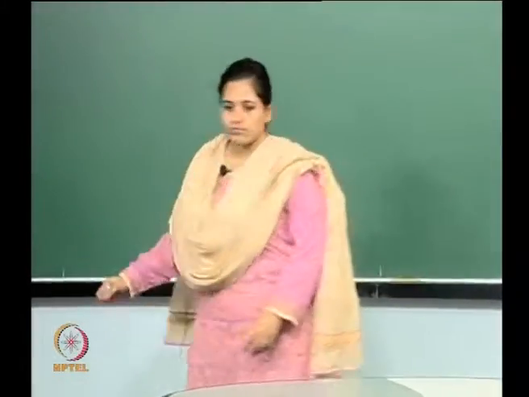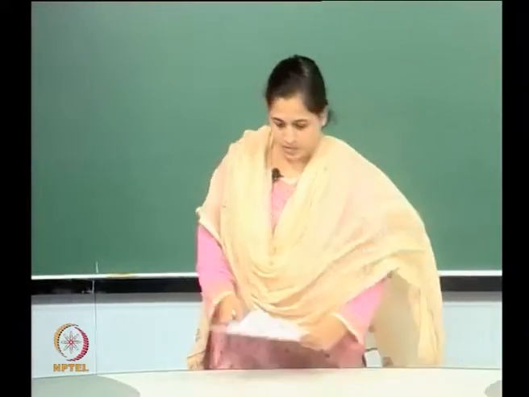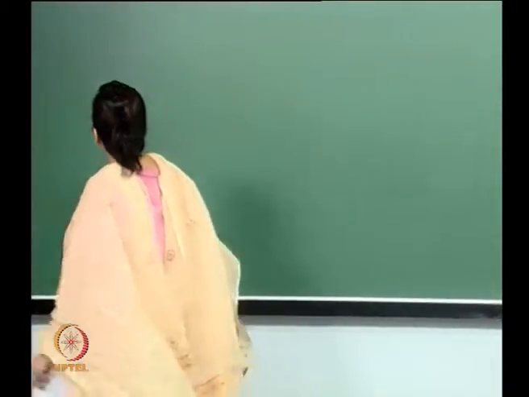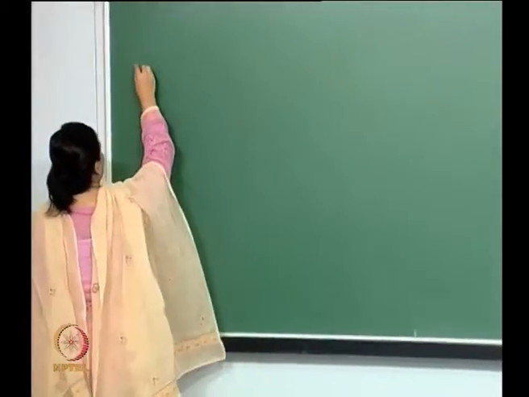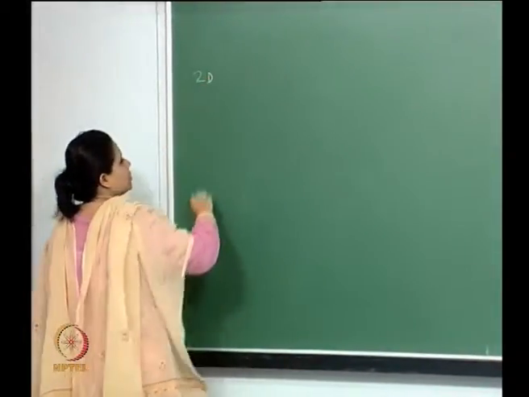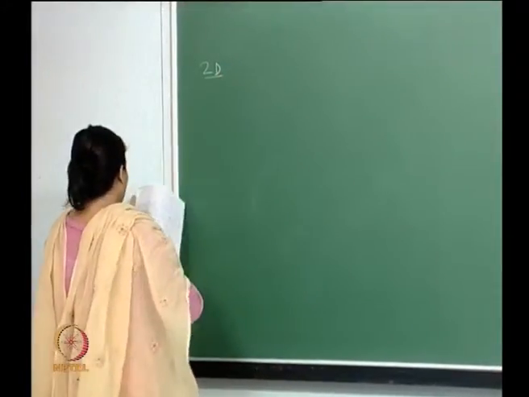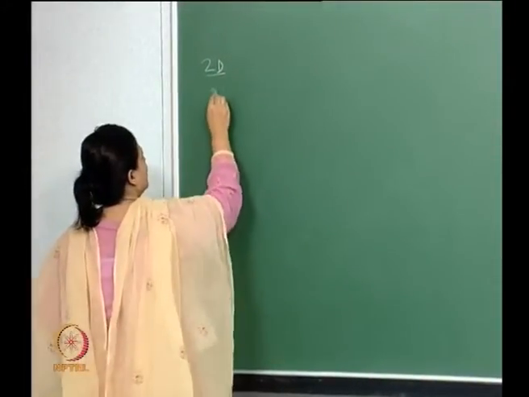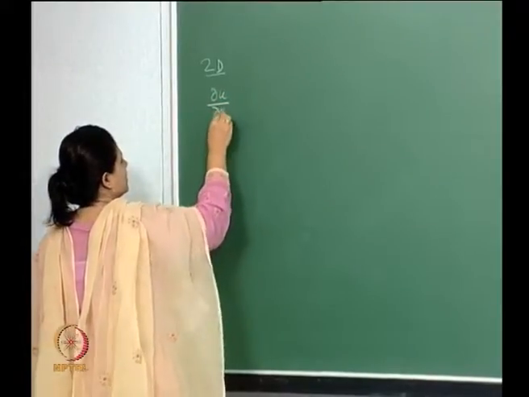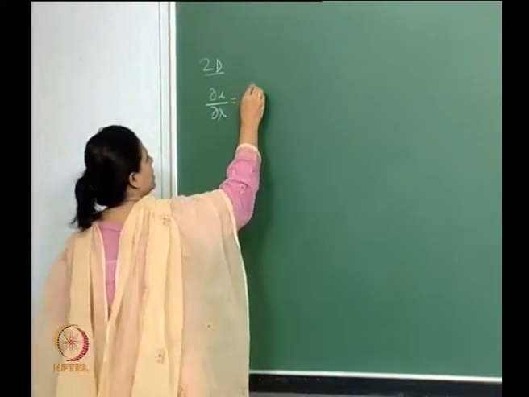Okay, so we took the governing equation for 2D irrotational flow, and we got something like this. We said we could write it like this, right.